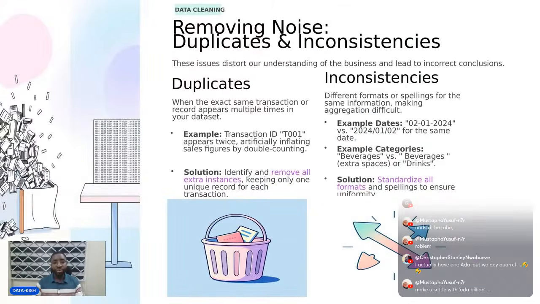Going on, the next kind of cleaning step we would take is removing the noise. When removing noise, a data scientist sees this as removing duplicates and inconsistencies in the data set. These issues usually distort our understanding of the business. So we have to remove duplicate entries. Probably Ada's shop assistant made entries twice for one particular product she sold.